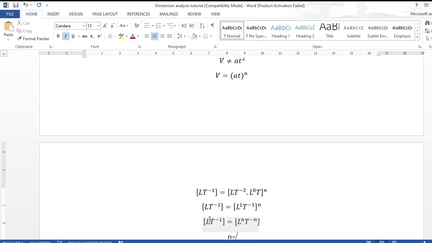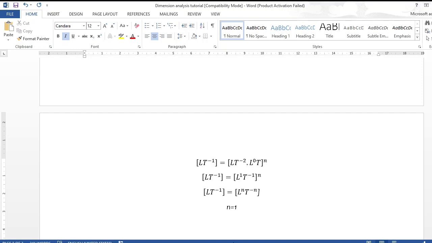So this n should be equal to 1 here. Similarly, if I take negative n, it should be equal to the power of t, which is also negative 1. If you divide by the negative, you get n equals 1.